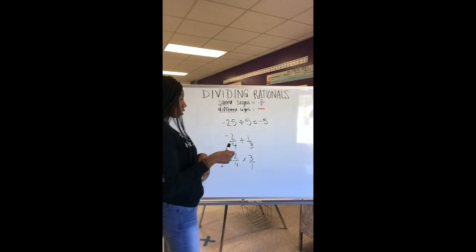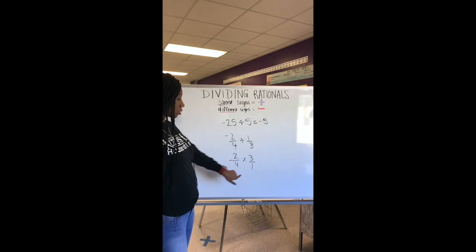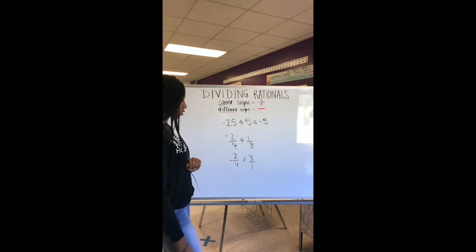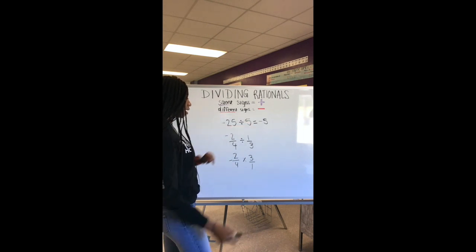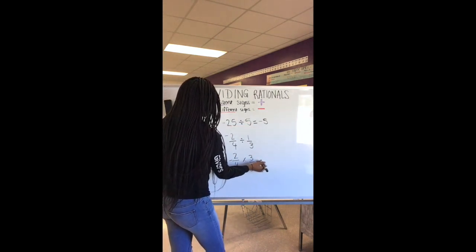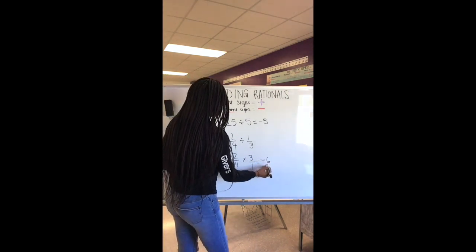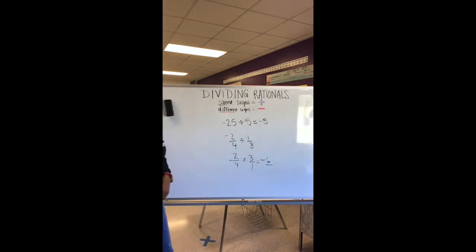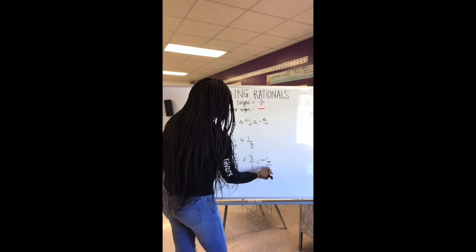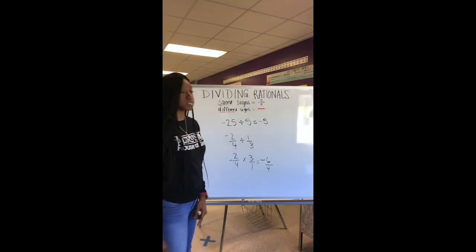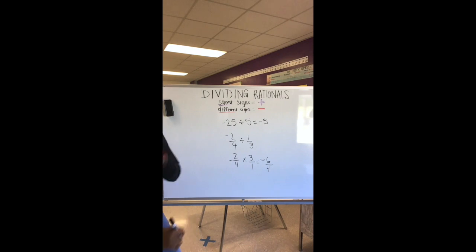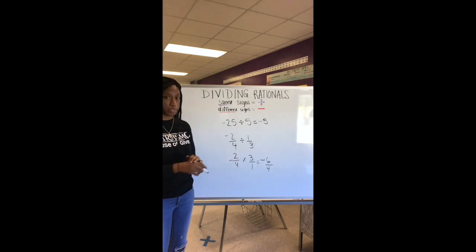First of all, same signs? Nope, different signs. So our answer has to be negative. 2 times 3, of course, that's 6. 4 times 1, of course, that's 4. And actually, we could simplify our answer, but I'm gonna leave it that way just so I can make sure I show you enough examples.